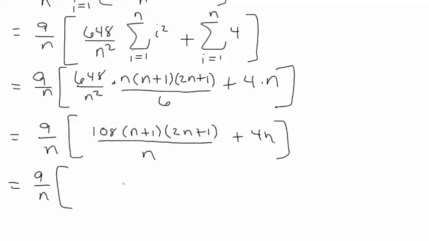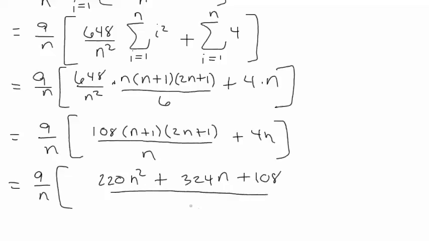You should end up with 220n squared plus 324n plus 108, and it's all over n, right?